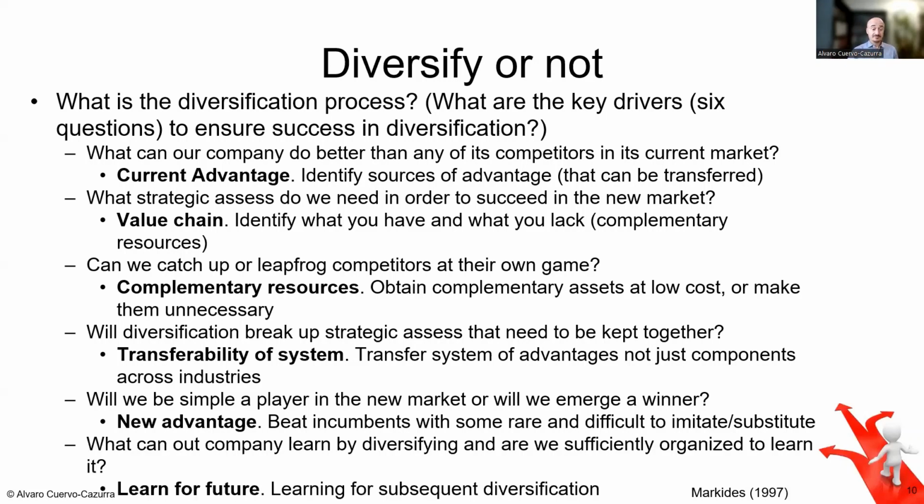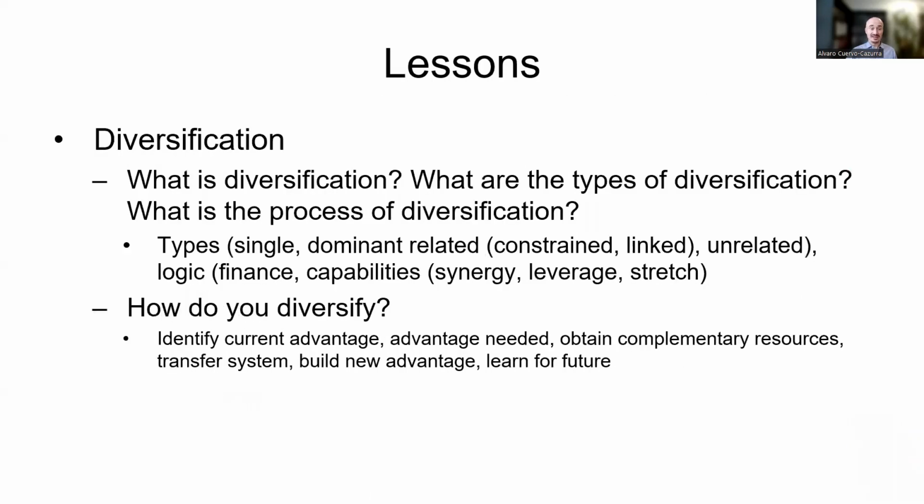So that's pretty much the story of learning for the future. It is, if you want, the final one, which I just summarized, the story of continued improvement in capabilities, in sources of advantage, so that I can continue creating value, and it is better for me to operate in multiple industries rather than only one. So that's it.